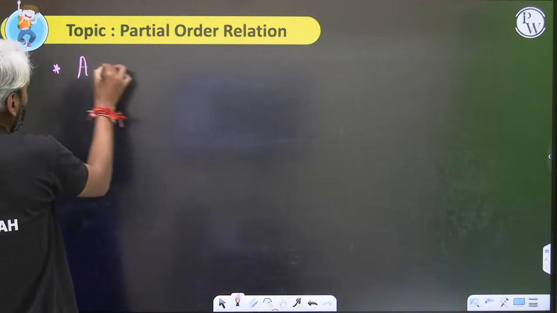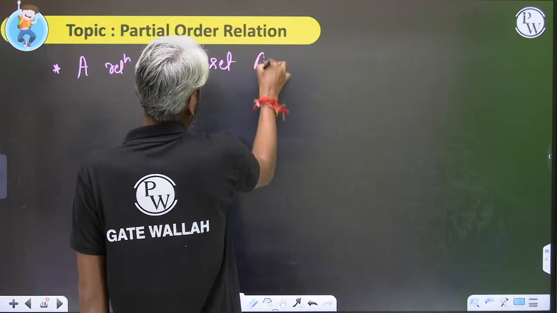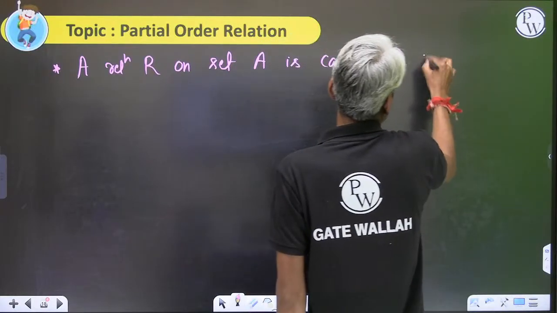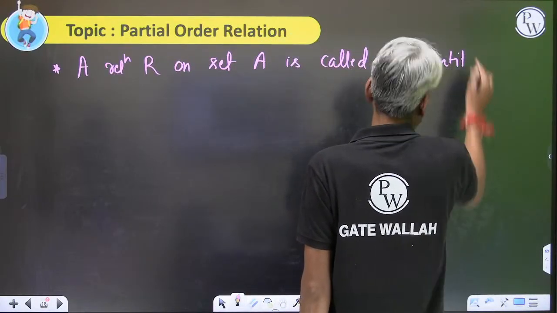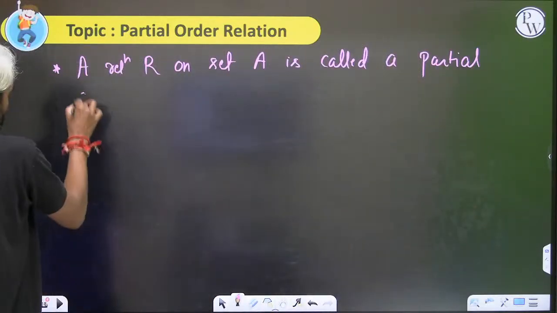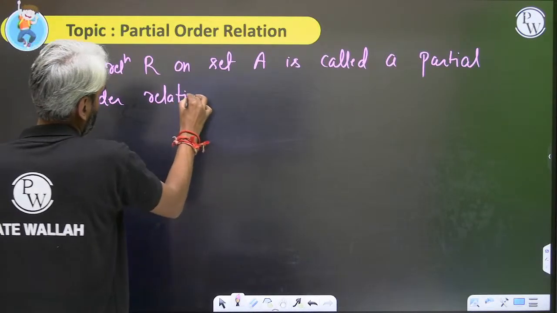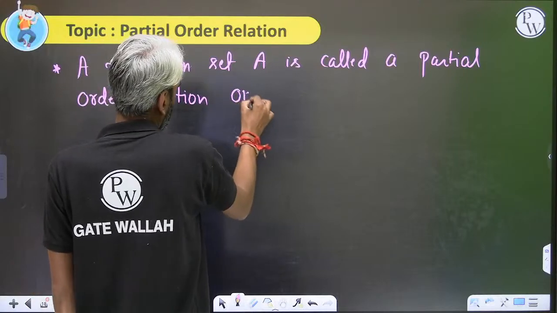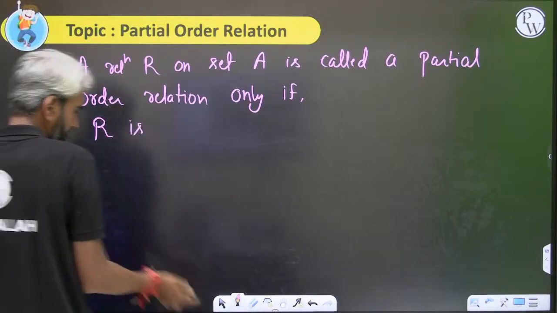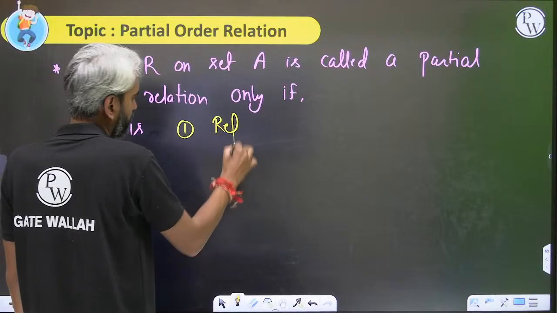A relation R on set A is called a partial order relation only if R is first reflexive, the relation must be reflexive.